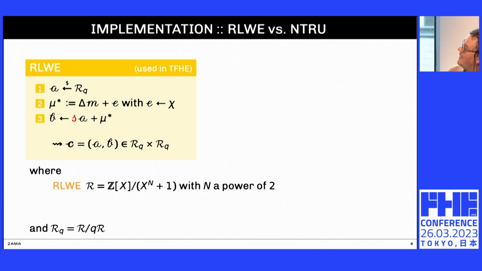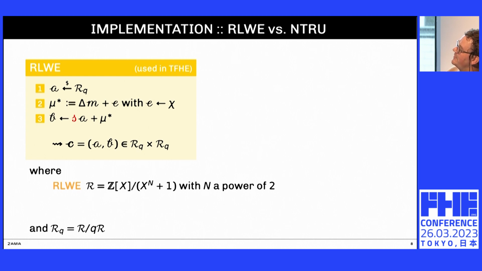So for example, you see that we need polynomials. So it makes sense to look at the ring version of LWE. If you use ring LWE to encrypt, it's basically the same as LWE. So you start with a random polynomial, the mask A, then you scale the message, which in this case is a polynomial, by some factor delta, you add some noise, and you get the noisy plaintext.